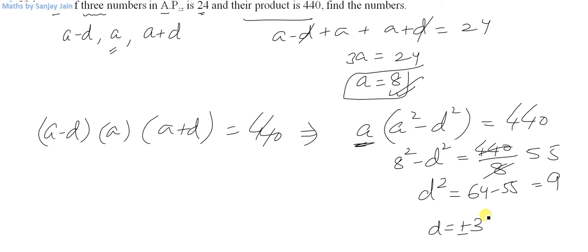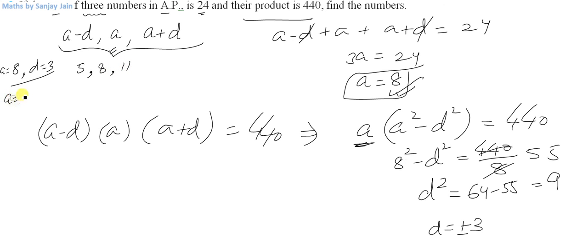Alright. Now if I take d equal to 3, so these are the numbers. A is already 8. If I take d equal to 3, what will be the numbers? 5, 8 and 11.